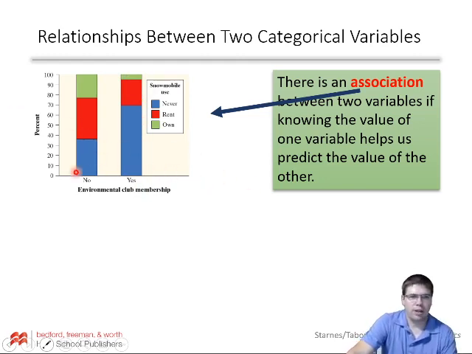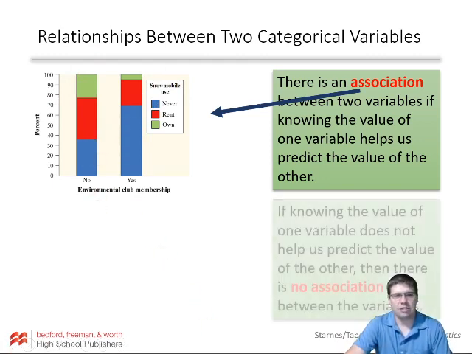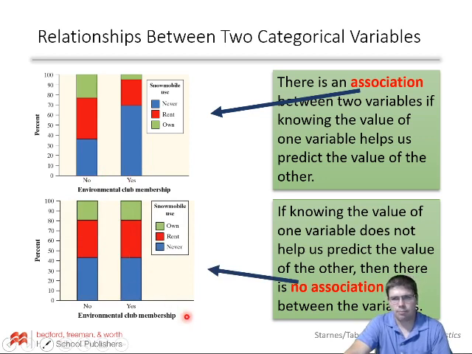Or if you are not an environmental club member, I know that you are more likely to have. If these two graphs were the same, that would mean there's no association between these two categorical variables. But the fact that they're different means there is a relationship. There is association. If knowing that you were one or the other did not help, and those graphs were the same, that would be a no association situation. So that would be what it would look like.